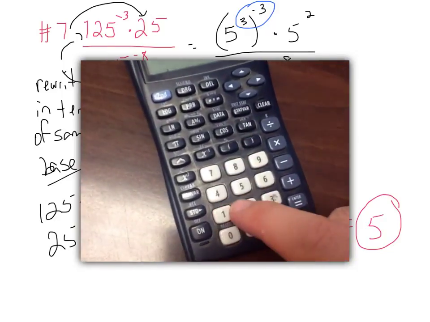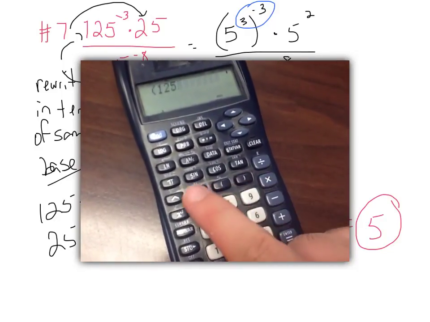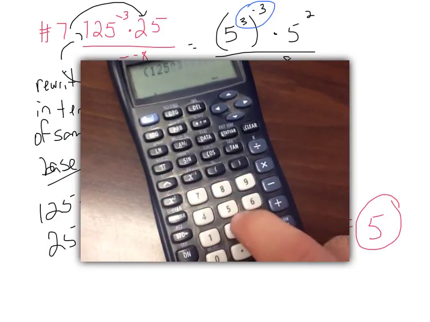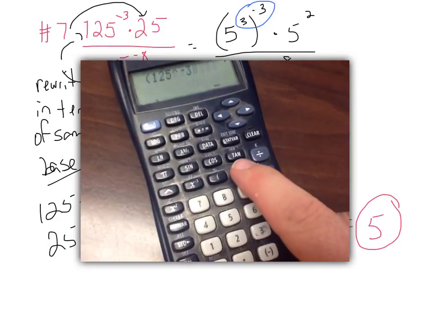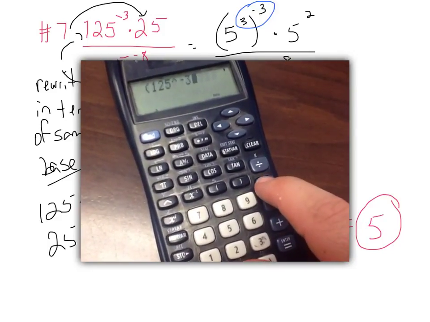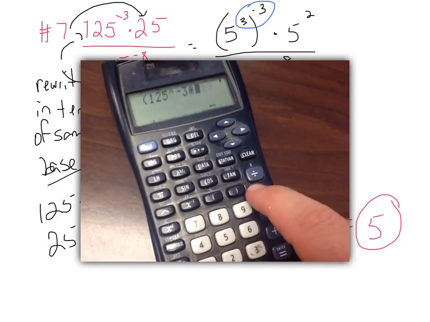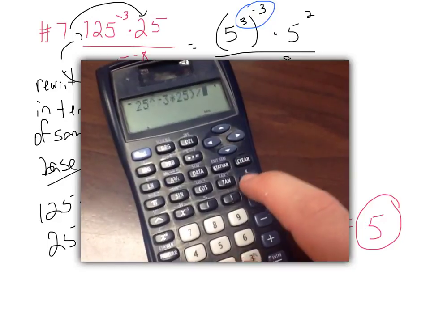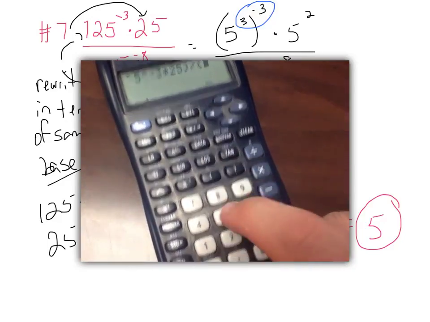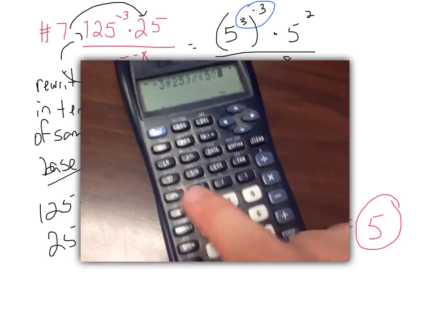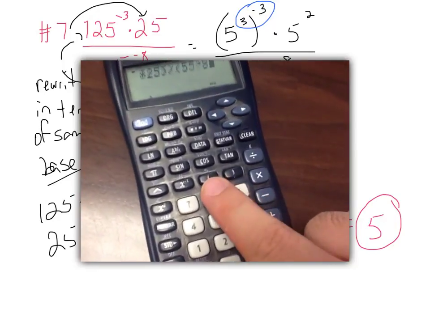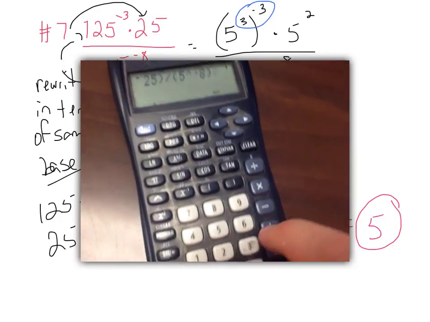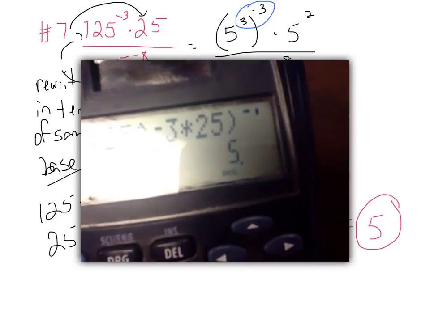So 125 raised to the negative 3rd power times 25, close your parentheses, divided by, probably need parentheses here, 5 raised to the negative 8th power. Answer. And looky there, that's what we got. Sweet.